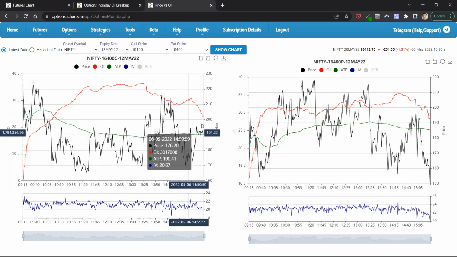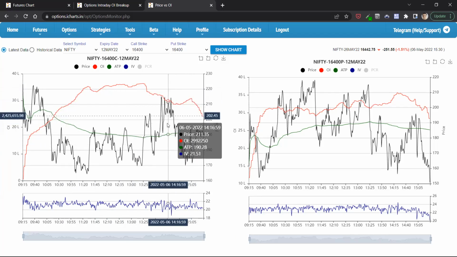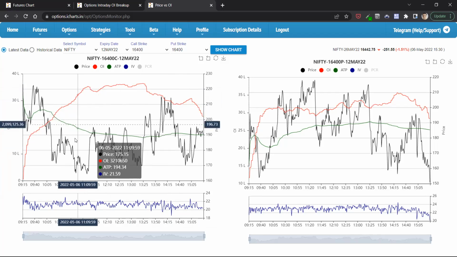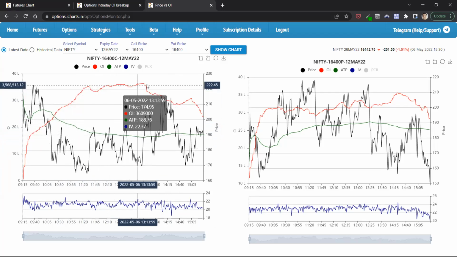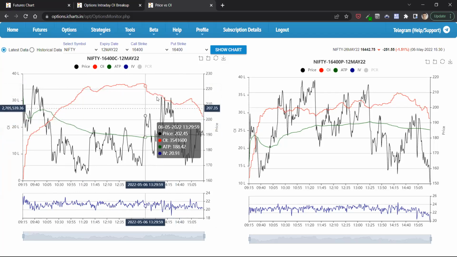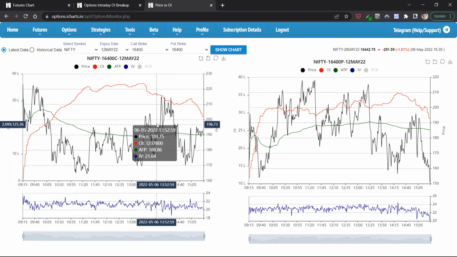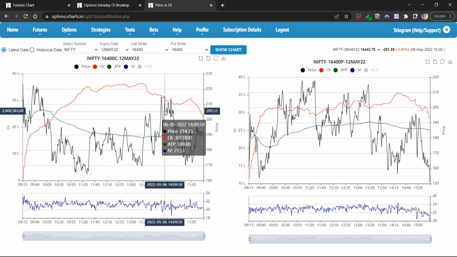Of course, this was the end of the day, so it did not move much. But on a trending day, it will be clear that once price goes above VWAP and then the OI starts falling, the price can really take off for the options from here.